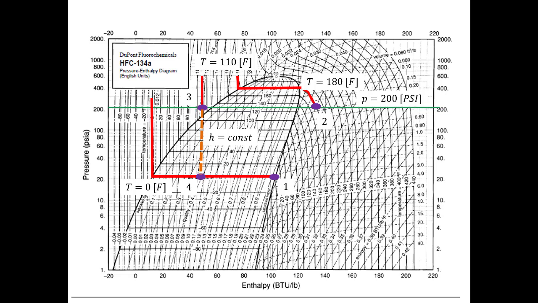But the problem also asks me to find the compressor efficiency. I can't do that without the isentropic outlet of the compressor. So this is the part that I find the trickiest, to draw a constant entropy line, right? Because as I go through the ideal compressor, because the compressor is at steady state, adiabatic, one inlet, one outlet, and ideal, it will also be isentropic. So now I have to draw a constant entropy line.